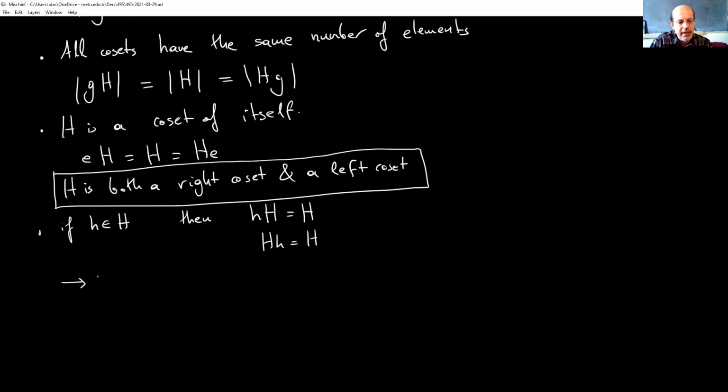So different elements can be used to produce the same coset.